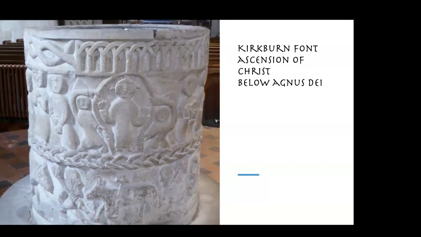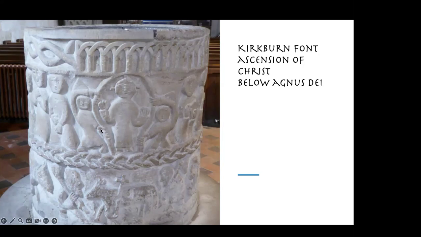And here, this is the Kirkburn font, from an amazing church, and this font is divided, as you can see, into two registers. Now, the top register is, so to speak, the heavenly register, but the bottom register is the register for, as it were, the human, the lower, the baser life.